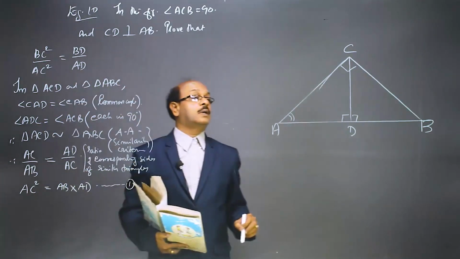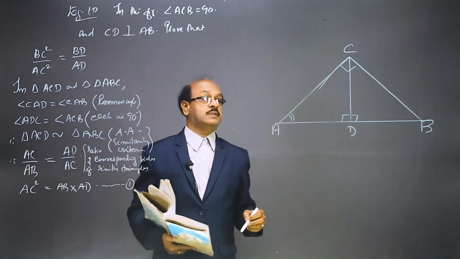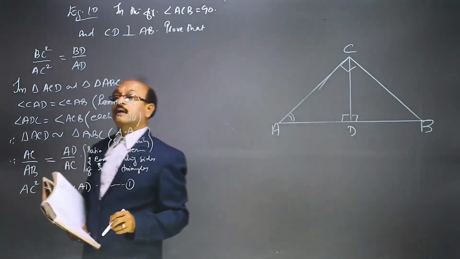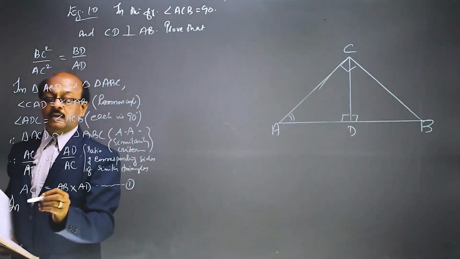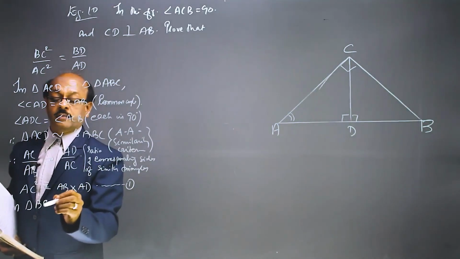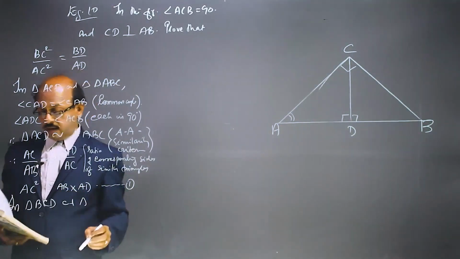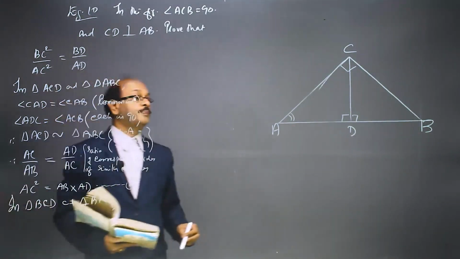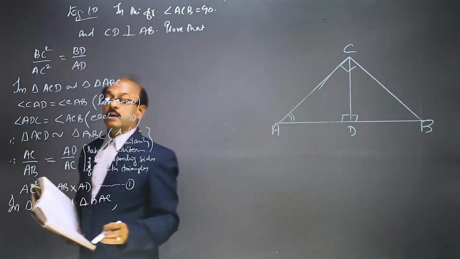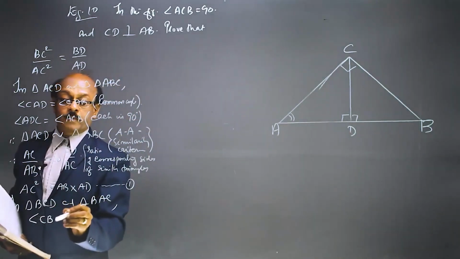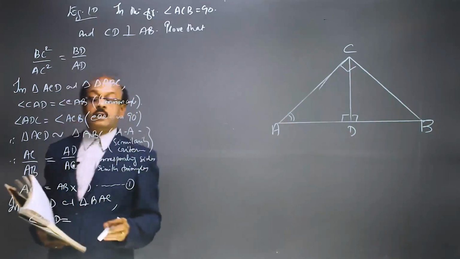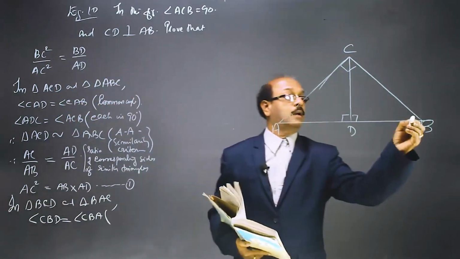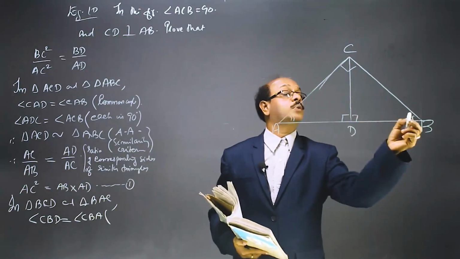Now we have to consider triangle BCD and triangle BAC, the larger triangle. In triangle BCD and triangle BAC, angle CBD is equal to angle CBA. CBD means this angle and CBA is also the same angle.